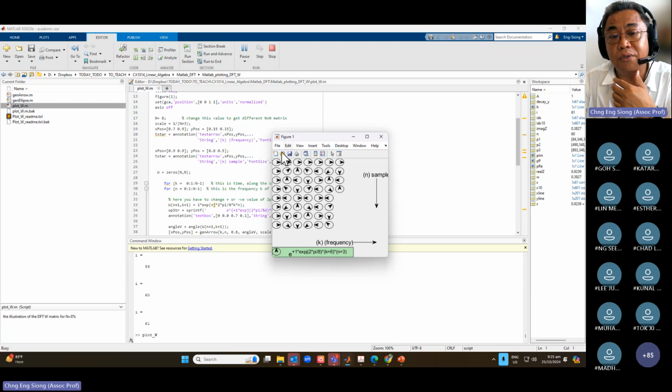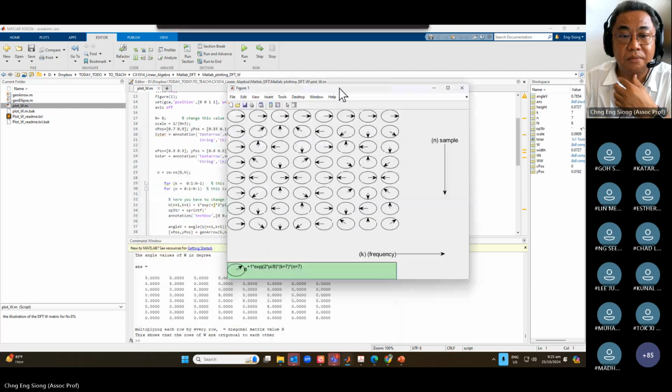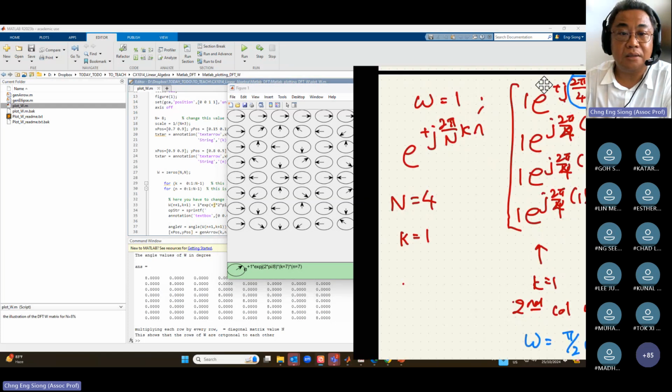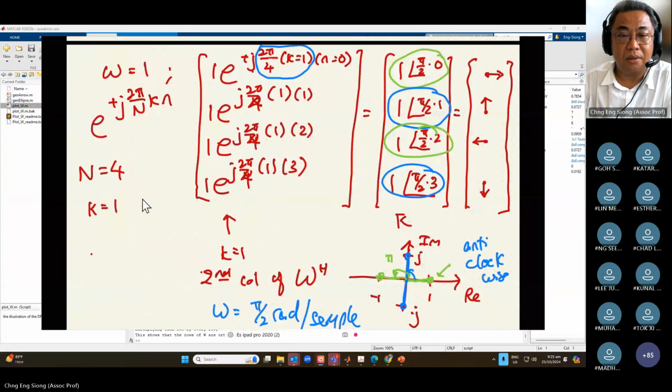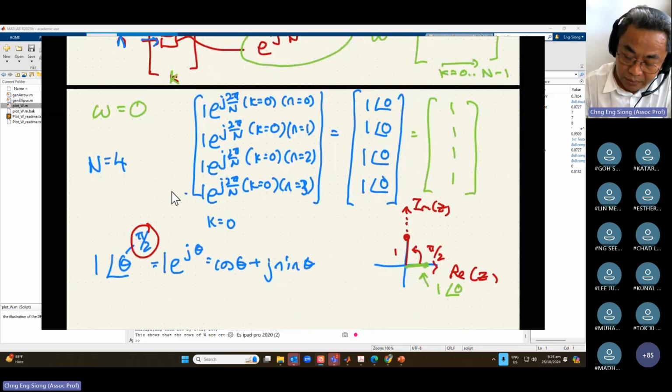I'm drawing for you what I've just described using 8 by 8, n equals to 8. It's easier to observe. This is the first column of K. It is a phasor, all ones. And all ones, the phasor would look like this.